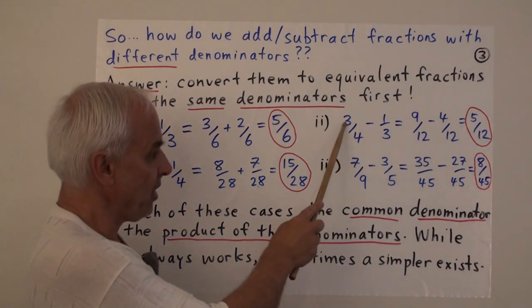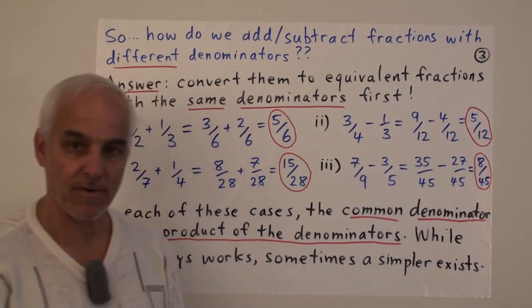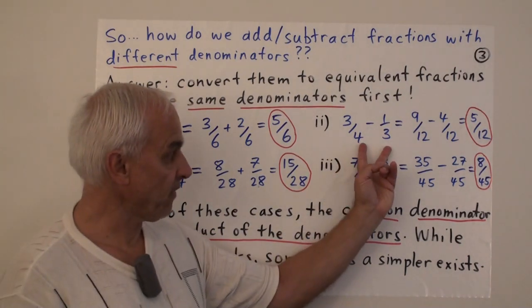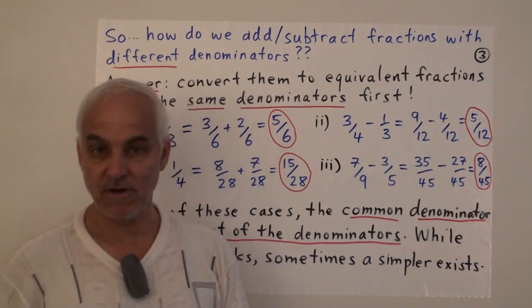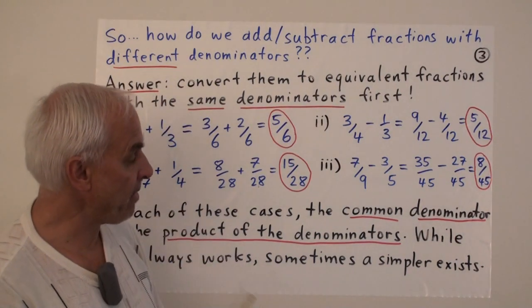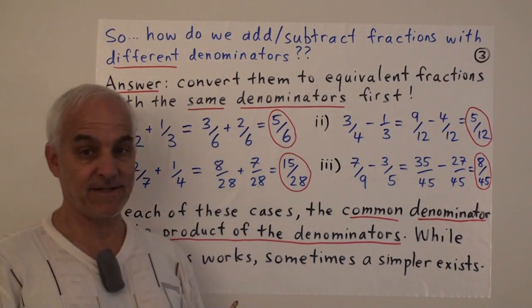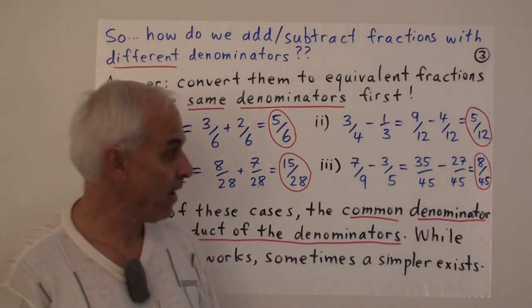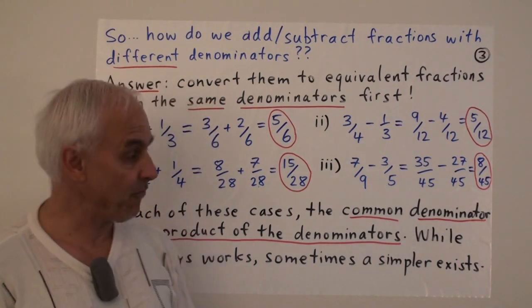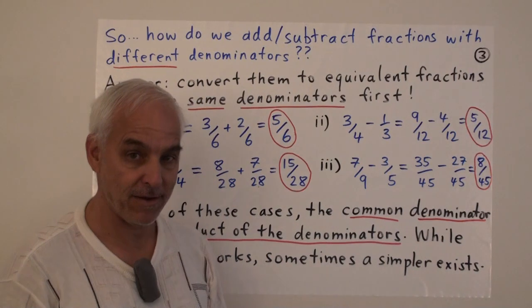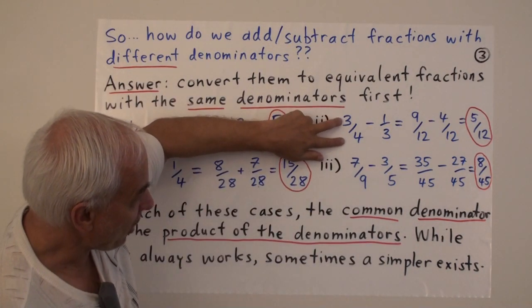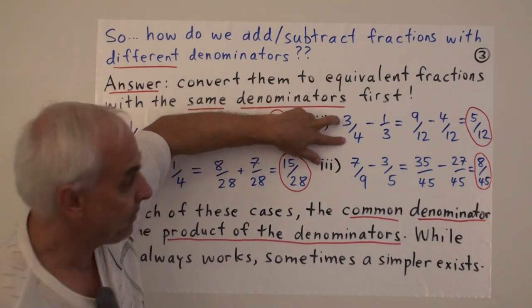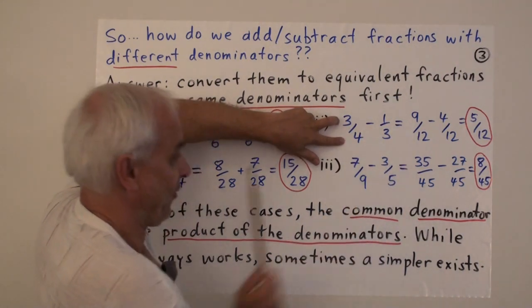How about a subtraction? 3/4 minus 1/3. The denominators are different, so we're going to rewrite them both as equivalent fractions with a common denominator of 12, as it turns out. And perhaps you can guess why we're going to use 12, because 12 is 4 times 3. So that means that we can multiply top and bottom of this fraction by 3, giving us 9/12.